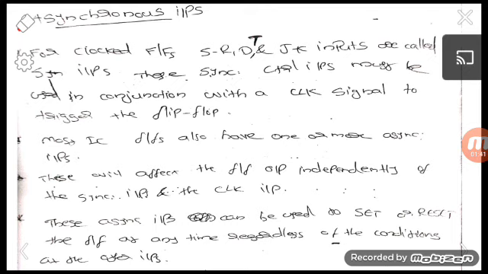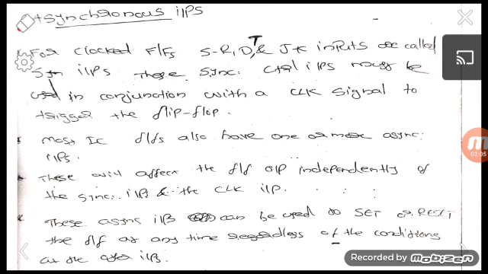So whatever may be the values of S and R in an SR flip-flop, the flip-flop will respond only to the asynchronous inputs if they are at the active level.